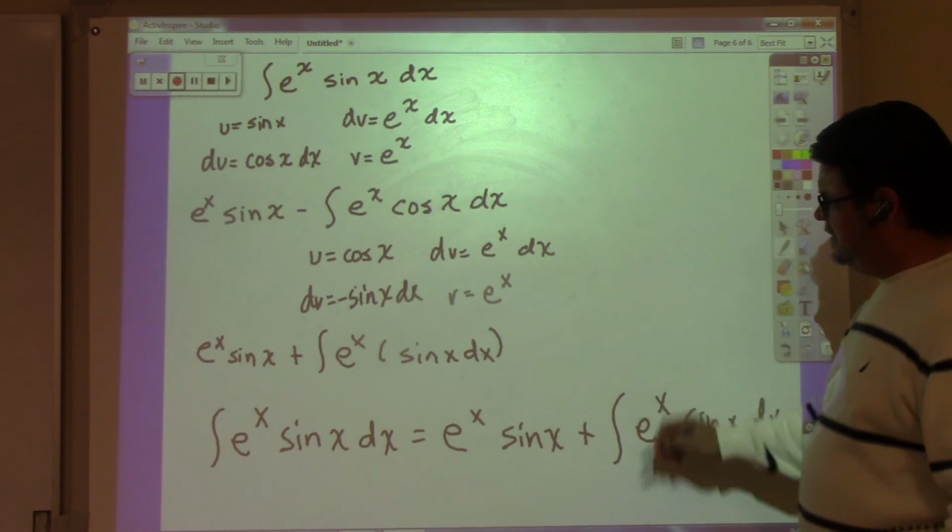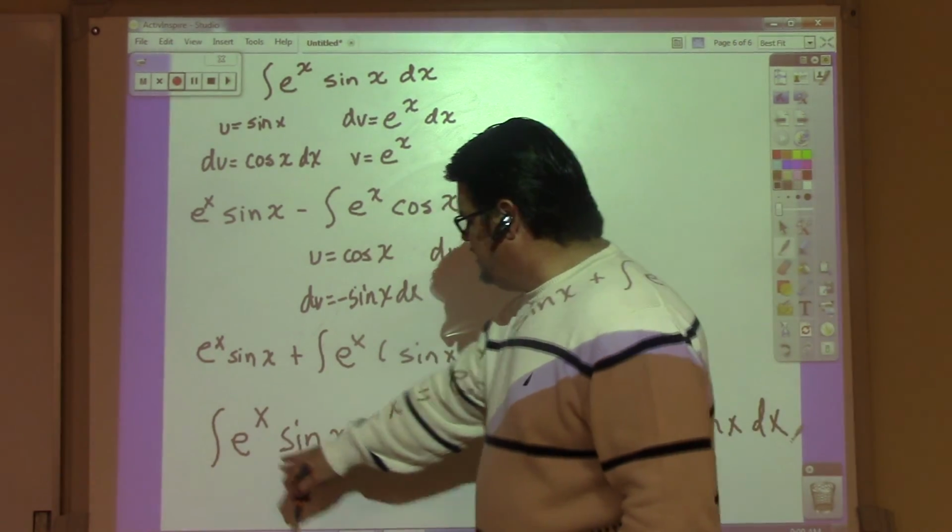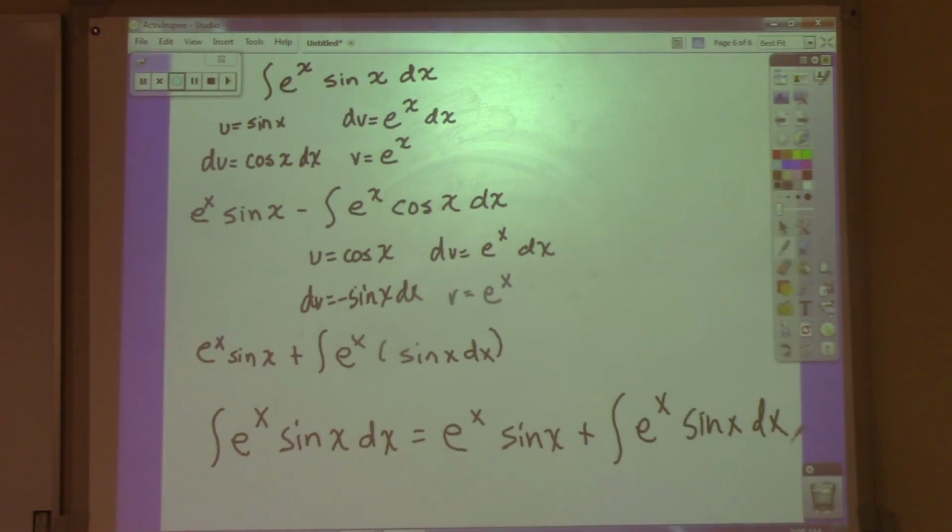And this is the same as this, so what can we do? Should be a minus, should it not? Yeah, it should be a minus, because the derivative of the cosine is the negative sine, it should be a negative. Should it not?